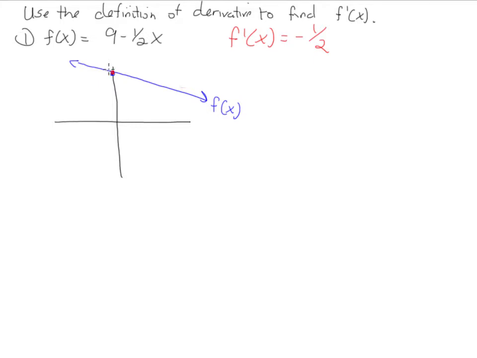If I take the slope of the tangent line at any point on this graph, it doesn't matter where I am, that slope should always be negative 1/2. So my derivative for this function is simply negative 1/2.